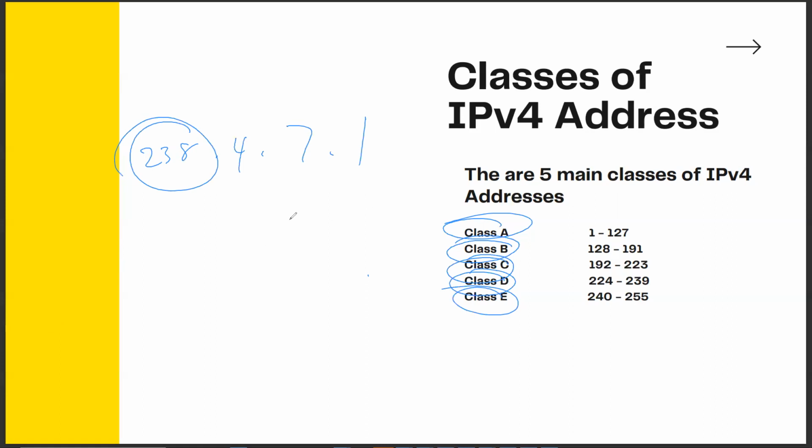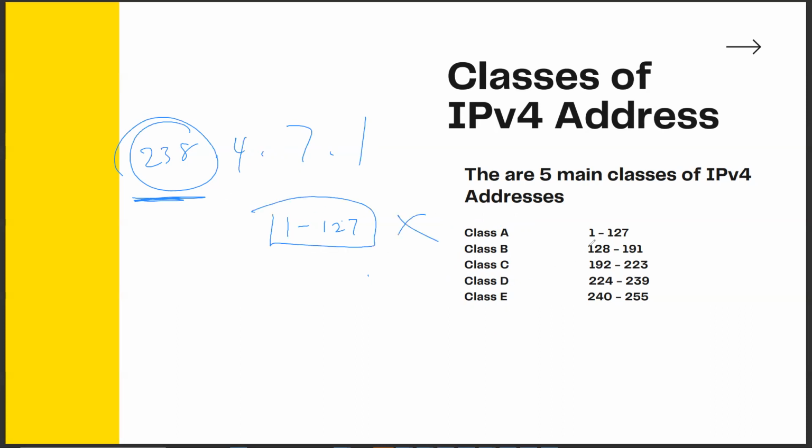If the number falls between 1 and 127, we say that particular IP address is a class A. We're just looking at the first number. Based on this, we cannot say this IP address is a class A, because the first number doesn't fall within that range.